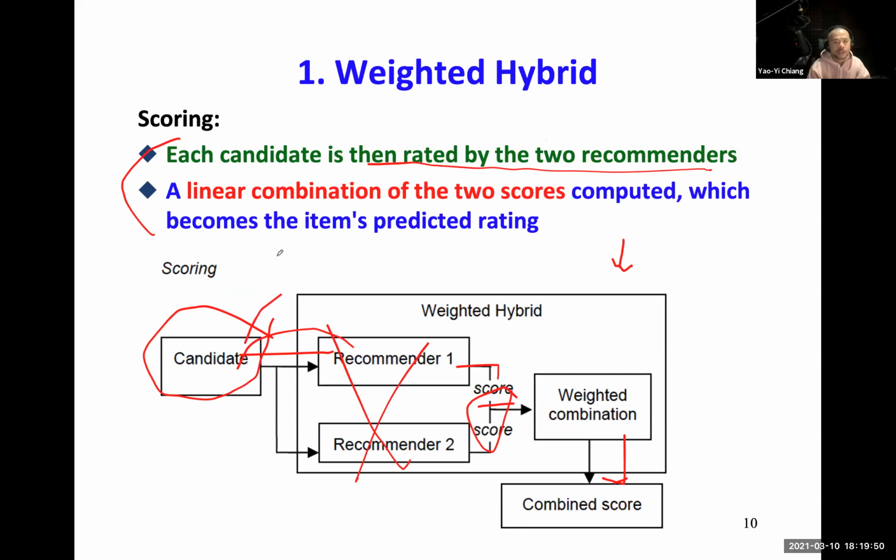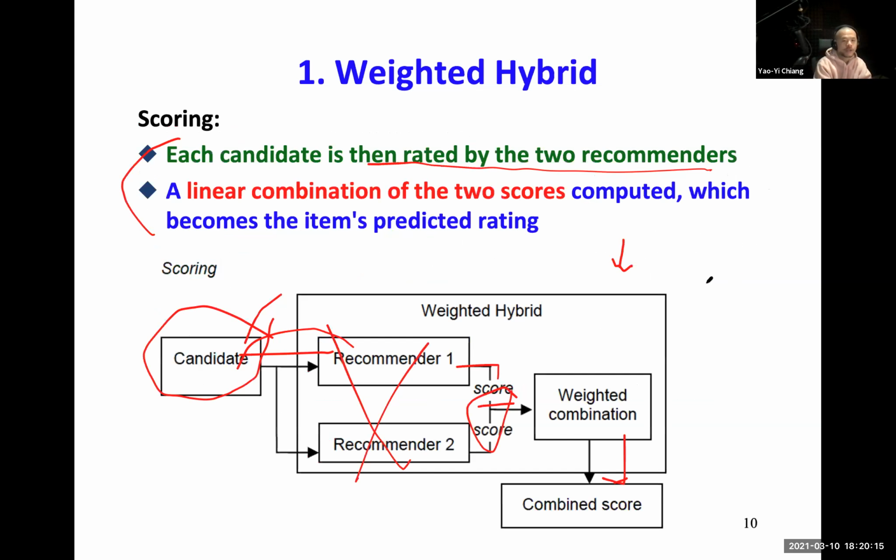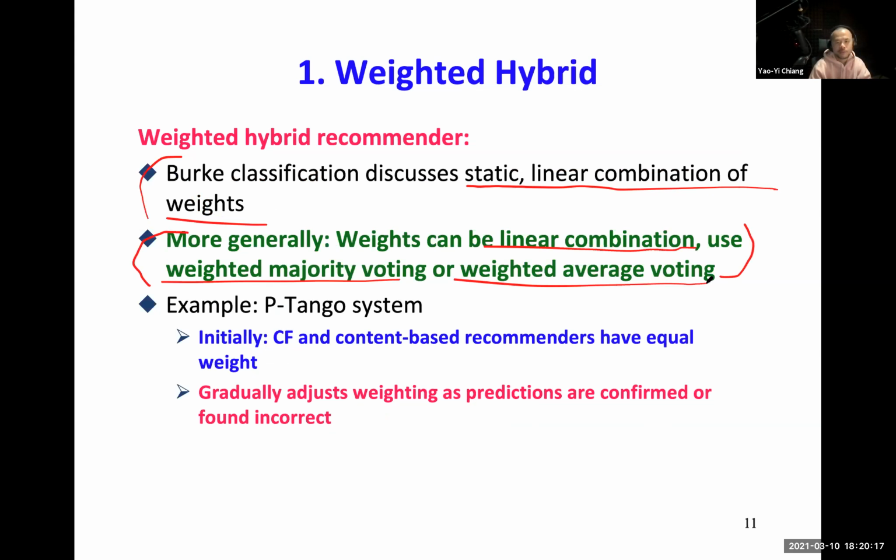All right, so weighted combination. In the paper, the classification discusses only static linear combination of weights, but more generally, your combination doesn't have to be linear, right? It can be a neural network generating some scores, or it can be weighted majority voting, weighted average voting, so any way that you can combine the scores.